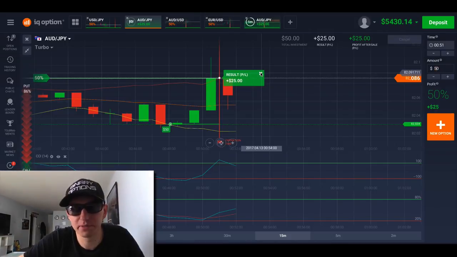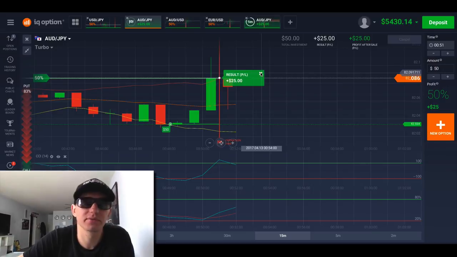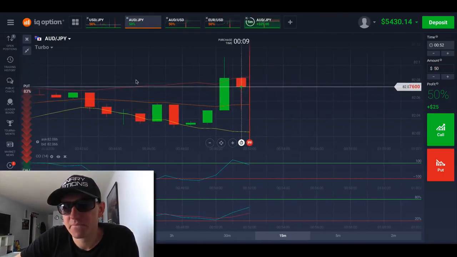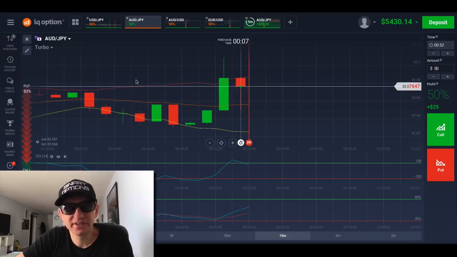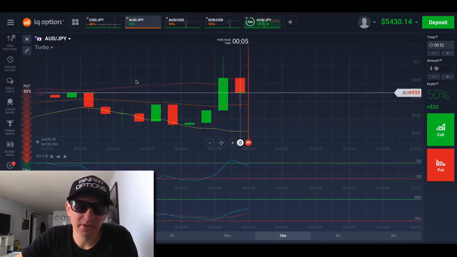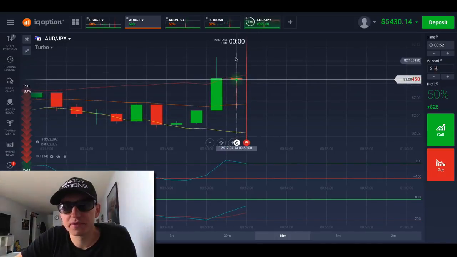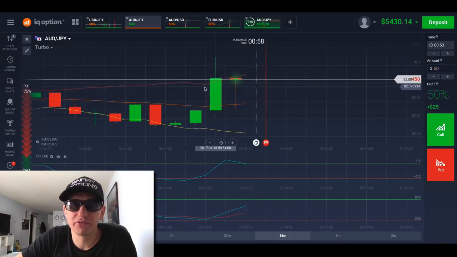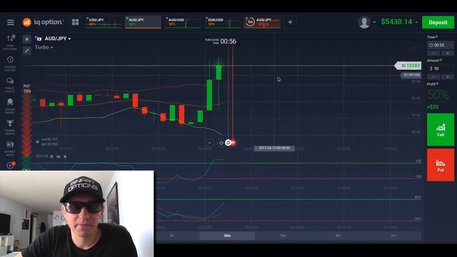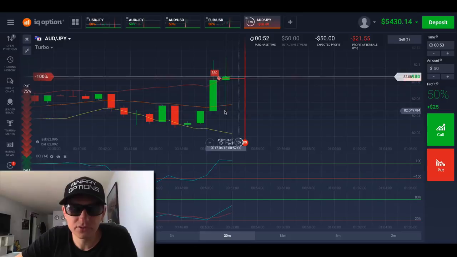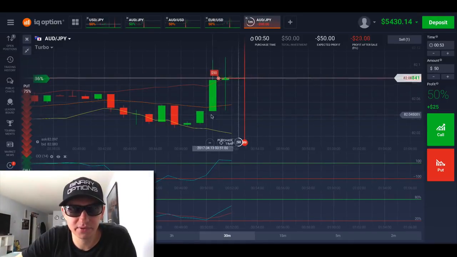Not a lot of profit, but again, I don't want to go for high stakes because of the market conditions at the moment. 50% is pretty low profitability because of the time, because most of the markets are closed, and this is the main reason why the percentage is so low. The movement is pretty steep.